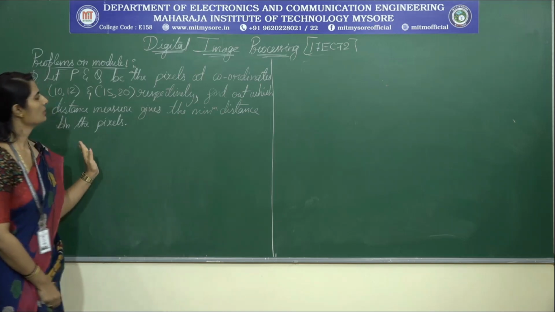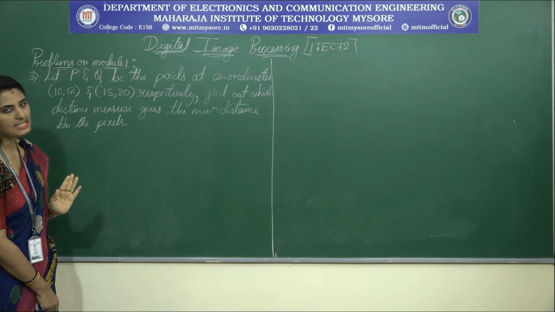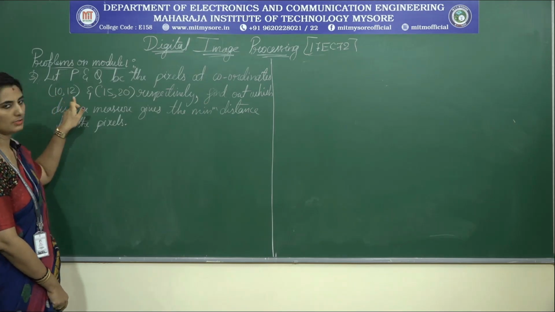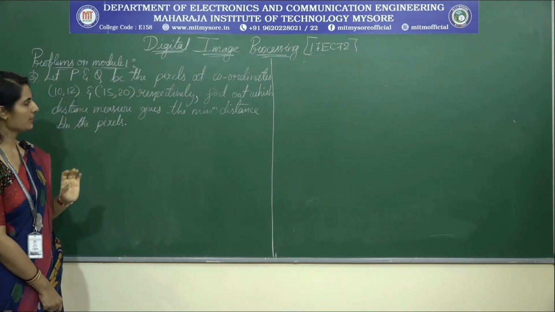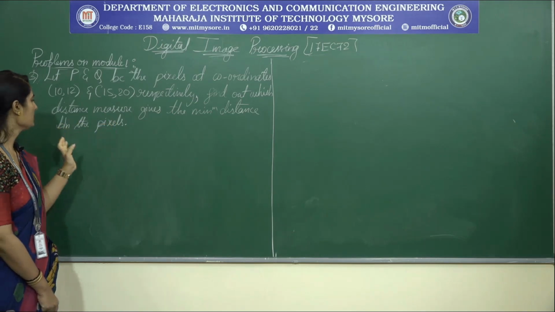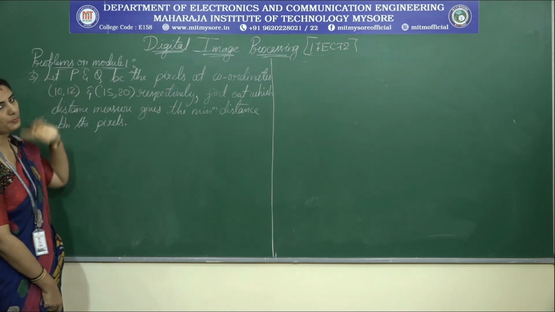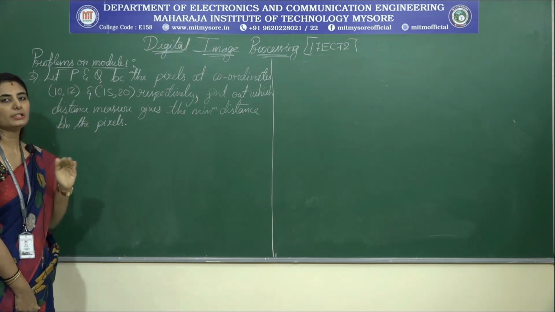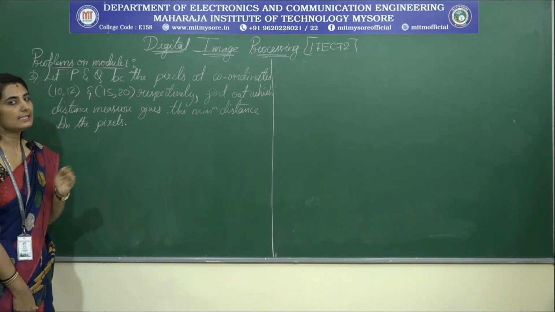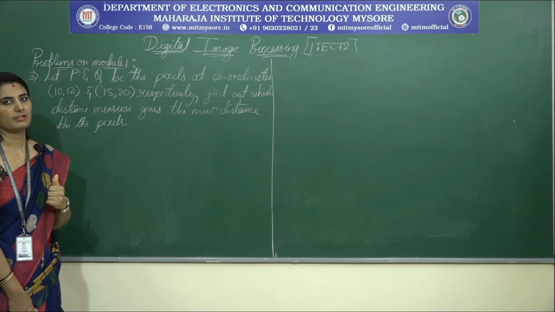So now look at this problem. Let P and Q be the pixels at coordinates (10, 12) and (15, 20) respectively. Find out which distance measure gives the minimum distance between the pixels. So here they have given the two pixels P and Q. We need to find out the distance between these two pixels using distance measure formulas, right?